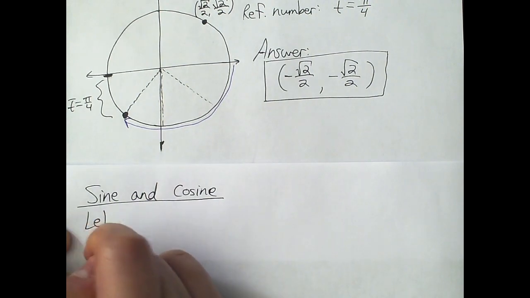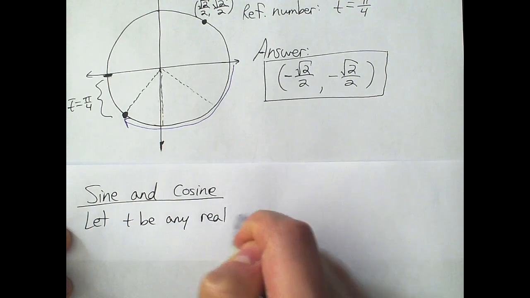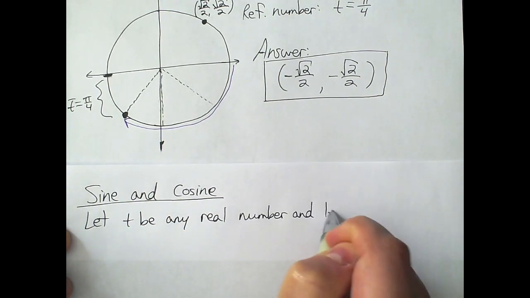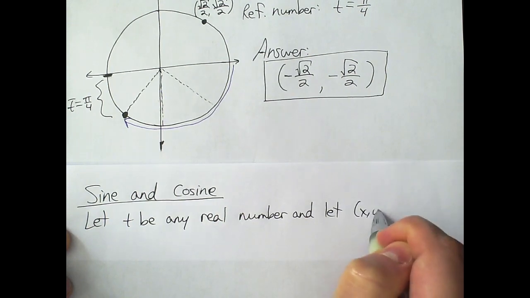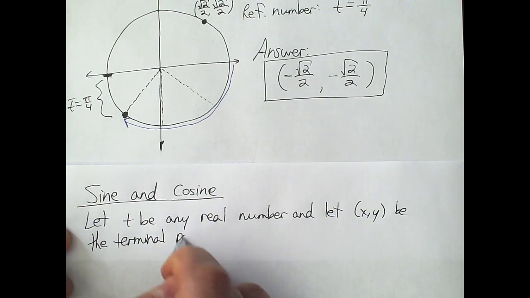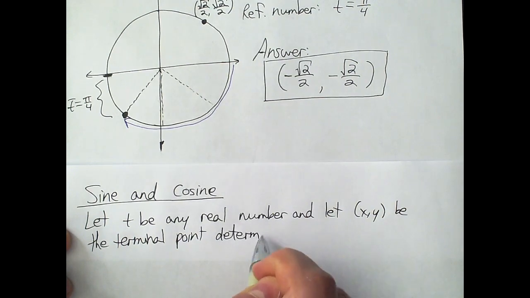First of all, let t be any real number, and let x comma y be the terminal point determined by t.